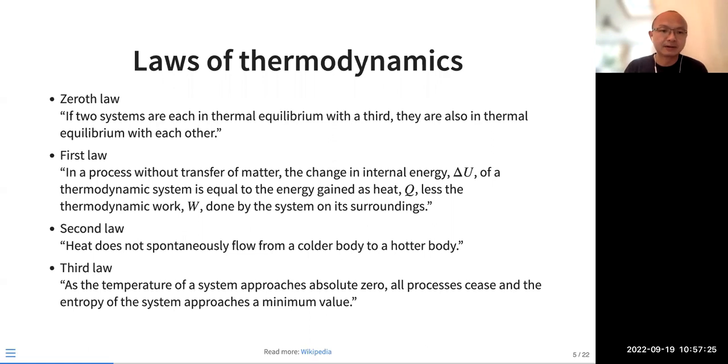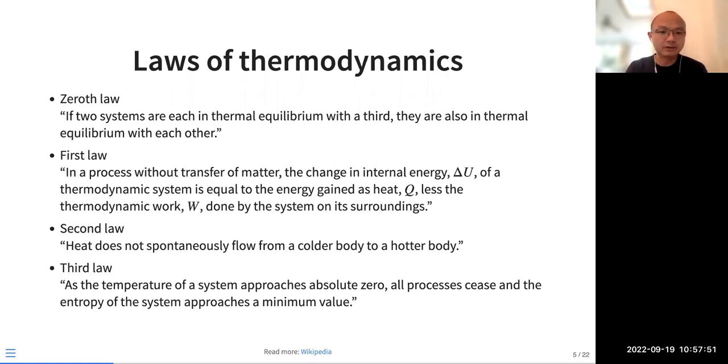And the second law, heat does not spontaneously flow from a cold body to a hot body. It always flows from a hot body to a cold body, unless you do work. So if no work is involved, heat flows from a hot body to a cold body.